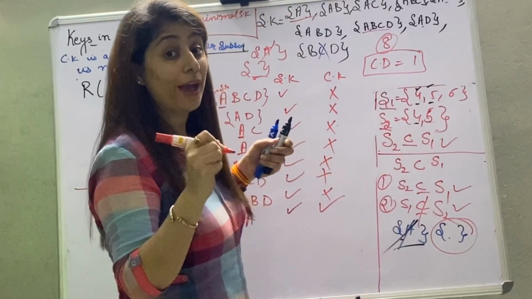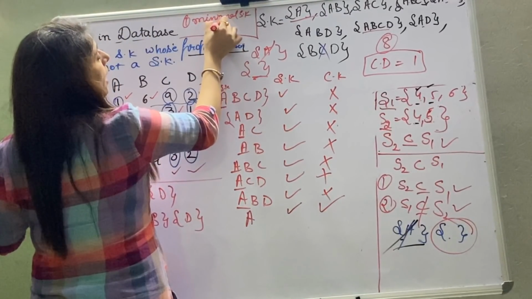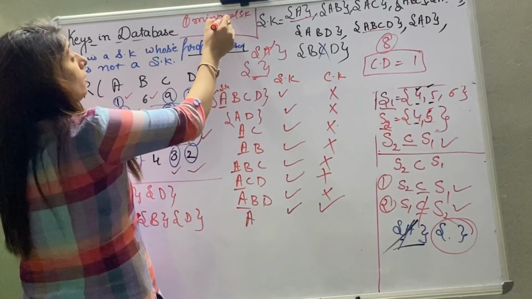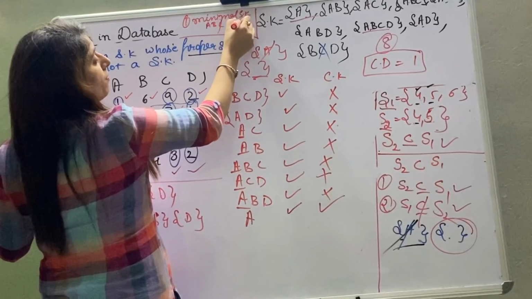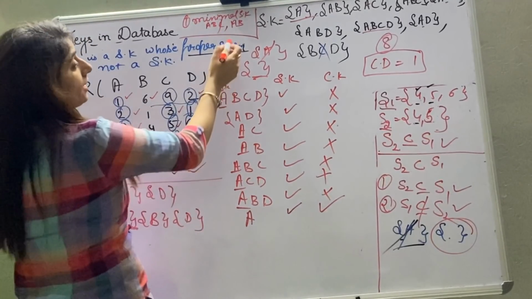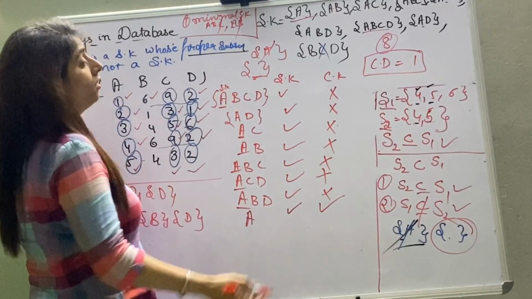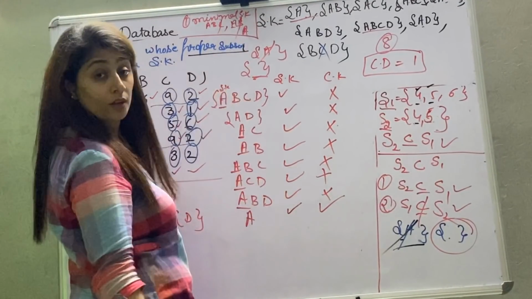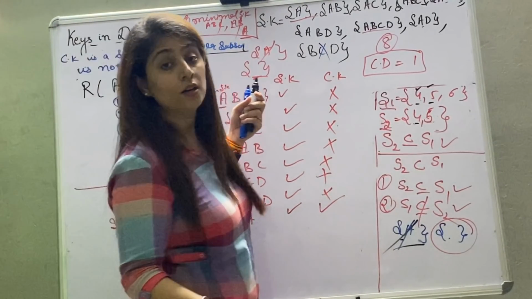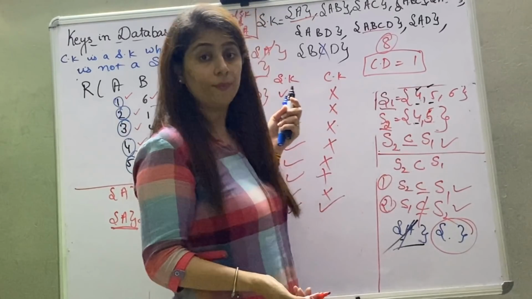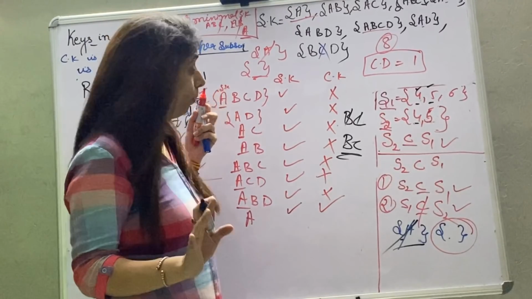If I take this ABC and remove one attribute from here, what is left with me? AB. Still it is a super key. If I remove B from here, then I am left with A. So A is still a super key with me. Clear? I hope it is clear to you.